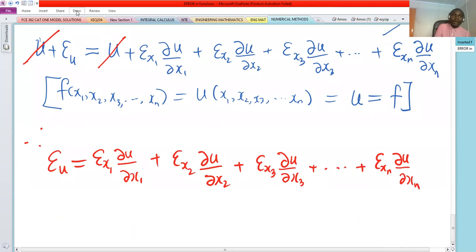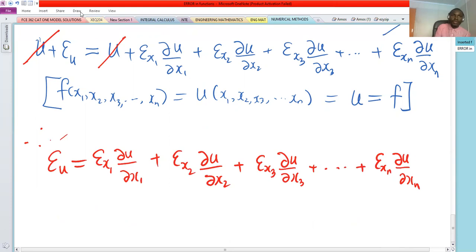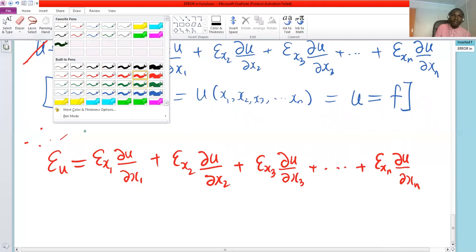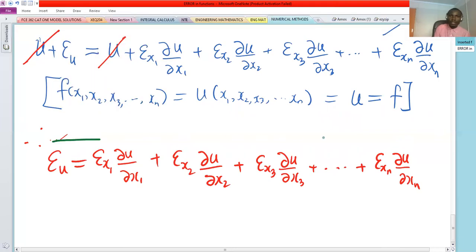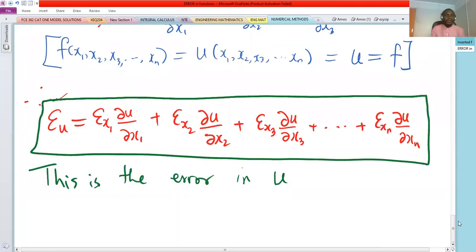So this is the error in the function u. So this formula here is the error in u, which is the function of several variables x1, x2 up to xn.